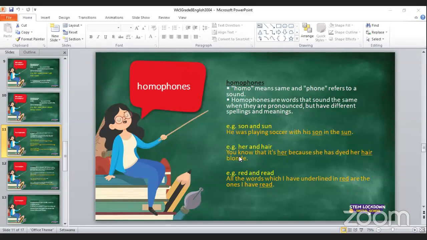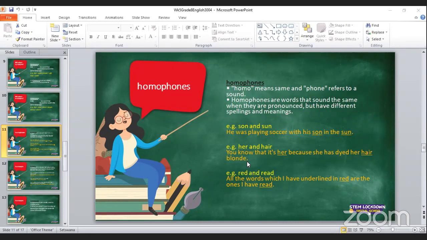Here's my example. You know that it is her because she has dyed her hair blonde, right? If I write it in a sentence like this, then you can see, oh, these really are homophones.